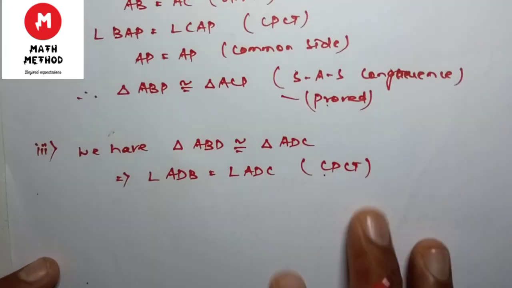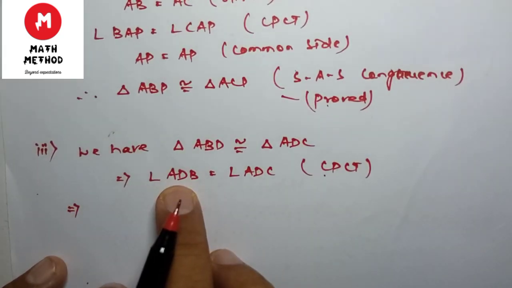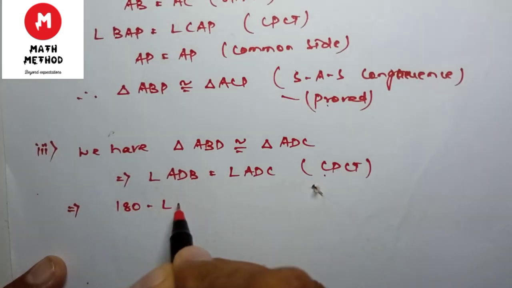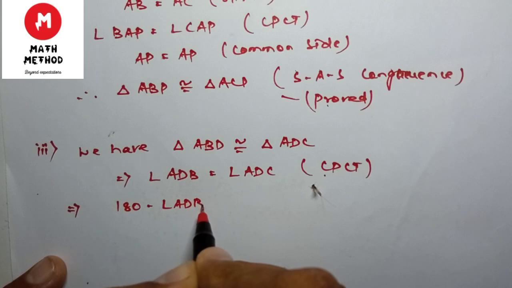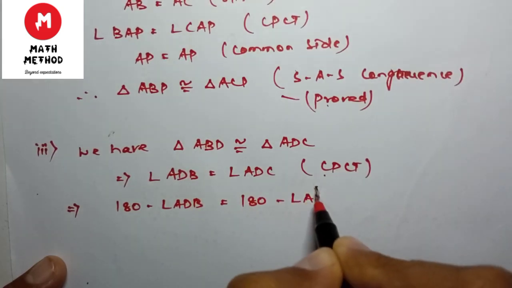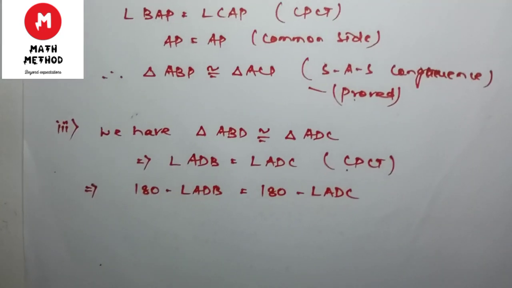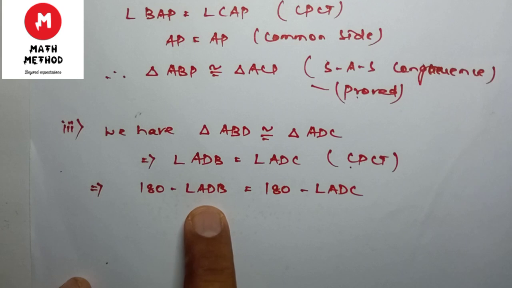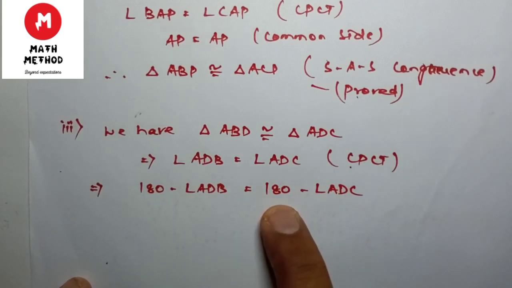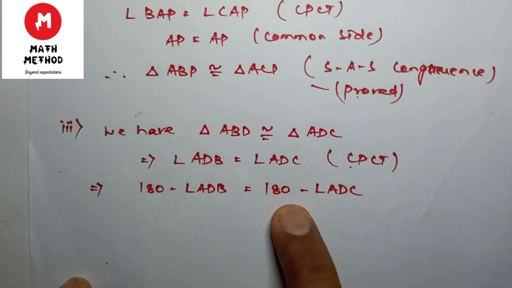Clear? So now 180° minus angle ADB is equal to 180° minus angle ADC. So I subtract angle ADB from 180°. Similarly, on the RHS I subtract angle ADC from 180°.